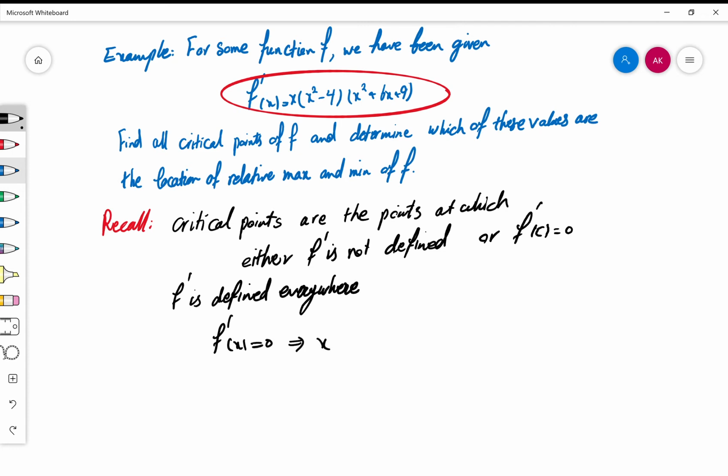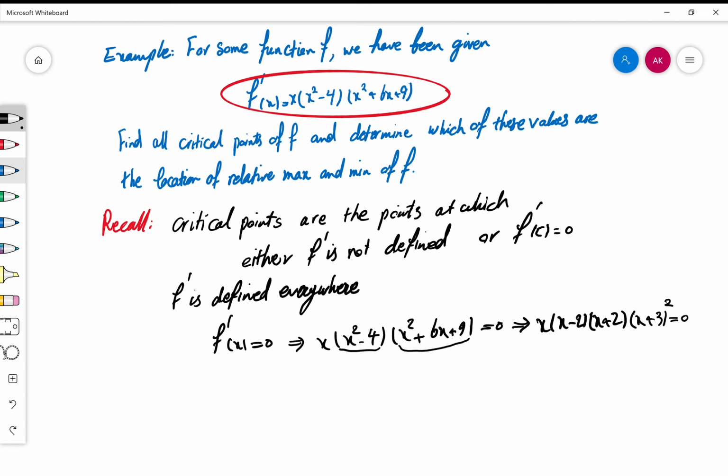So in this case, x squared minus 4, x squared plus 6x plus 9 is equal to 0. Well, let's just do a little bit more work here. So it will be x times x minus 2 times x plus 2, this is x plus 2 minus x minus 2. And this one here is nothing but x plus 3 squared.